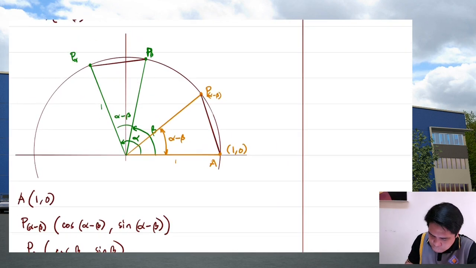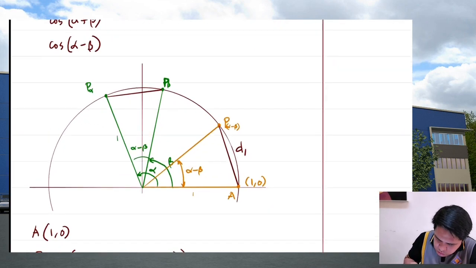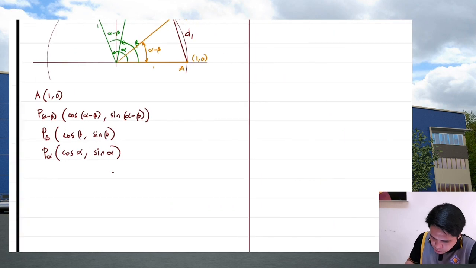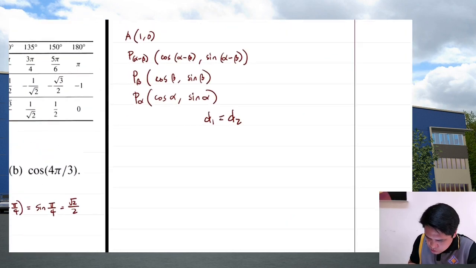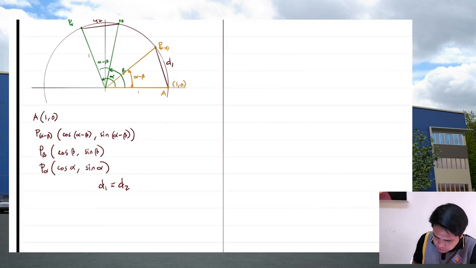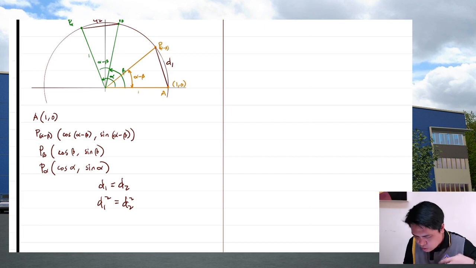Let's call this na lang distance 1 and this is distance 2. So what we are saying is that distance 1 is the same or equal to distance 2. So by distance formula, let us solve for distance 1. So that means d1 squared is equal to d2 squared. So remember distance formula, naka-square.